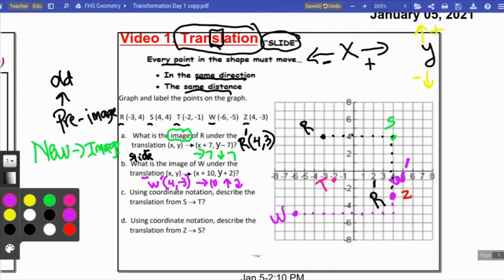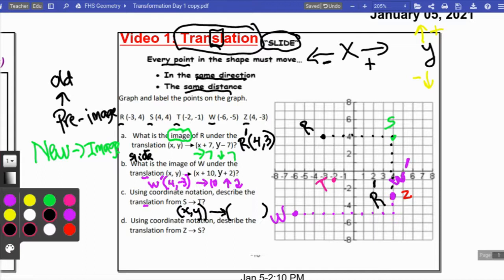Now, the next question says, using coordinate notation, describe the translation, the slide, from S to T. To describe it, you're going to describe it algebraically. From X, Y, we'll draw a little arrow. We want to know, describe it algebraically, what happened.